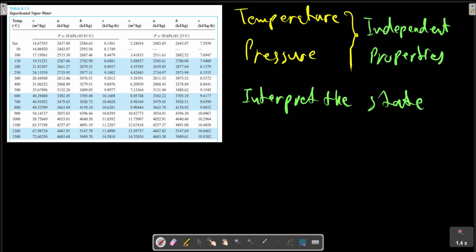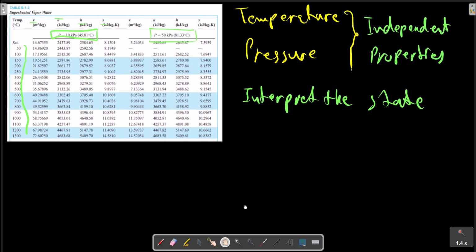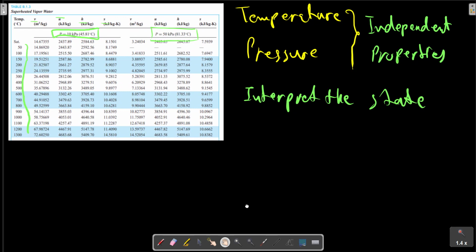For example, for a specific pressure we have a large number of temperatures and the specification for the superheated water, and for example at the pressure 50 kilopascal, we have different temperatures.